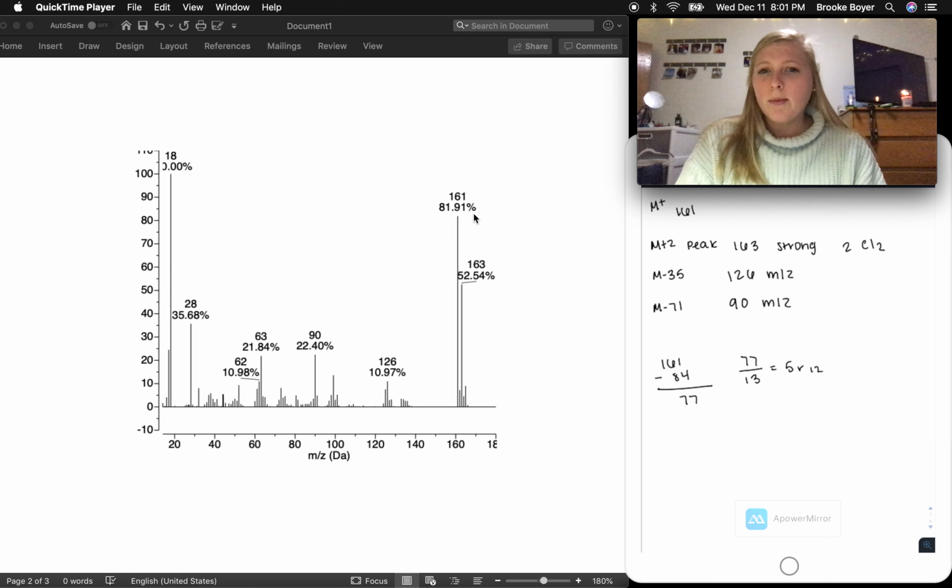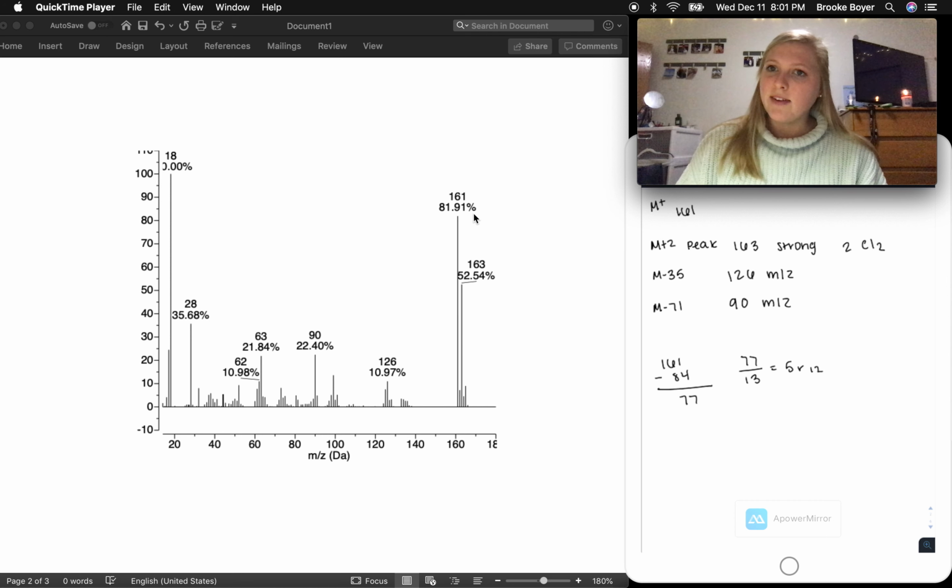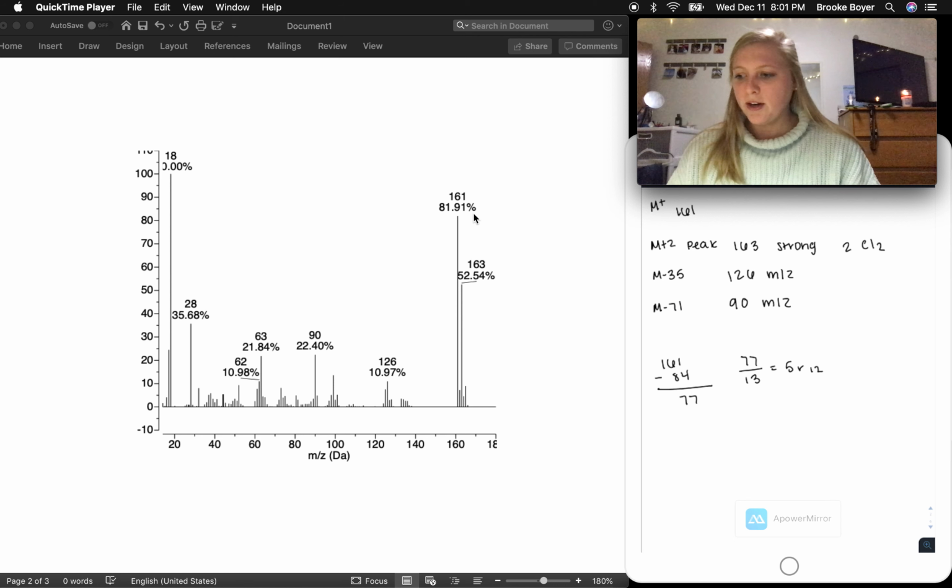So from here, I'm going to use the rule of 13 to figure out our molecular formula. 161 is our molecular weight. Subtract 84, which is what we already know we definitely have, which are 2 chlorines, so that's minus 70, as well as minus 14, which is the nitrogen, and so we have 77. I divide 77 by 13, I get 5 with a remainder of 12.